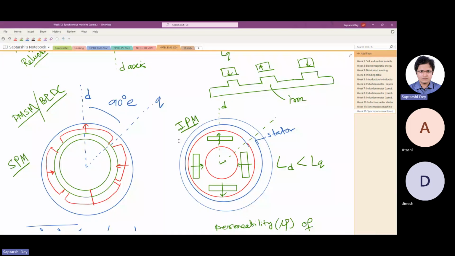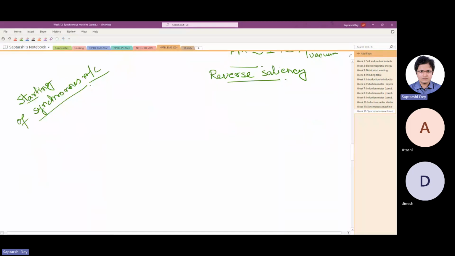This PMSM, BLDC, they were there, but the problem was with the magnets. Initially we had only ferrite, then alnico came, but ferrite and alnico are very weak magnets.